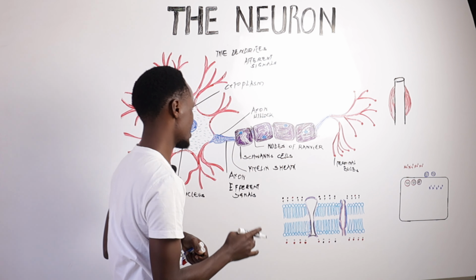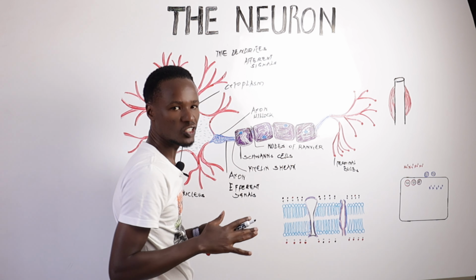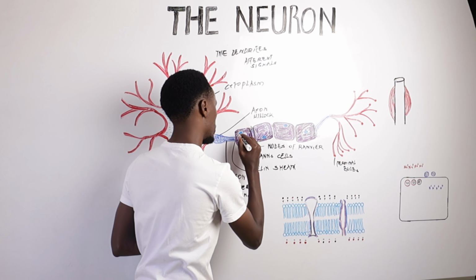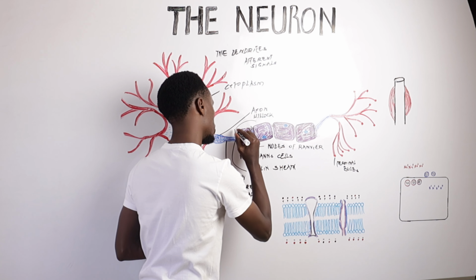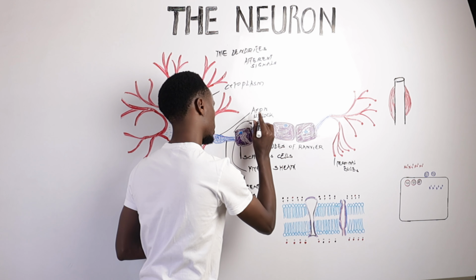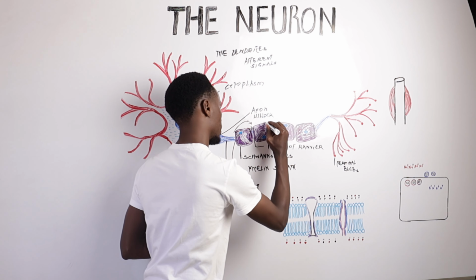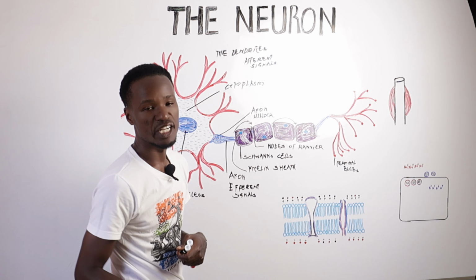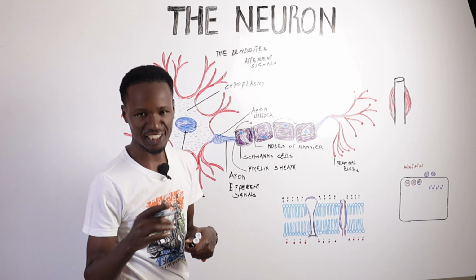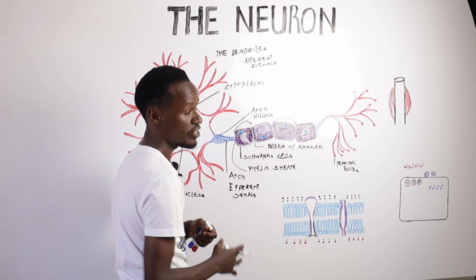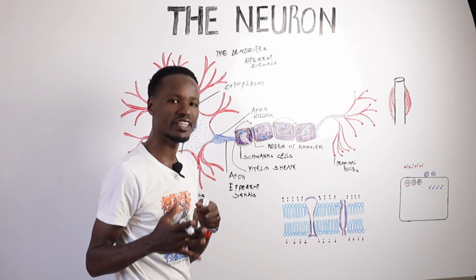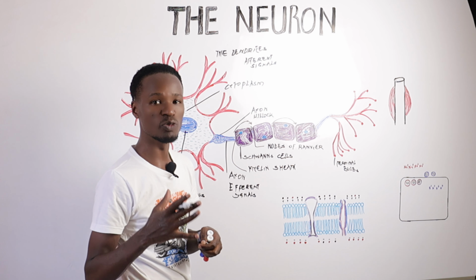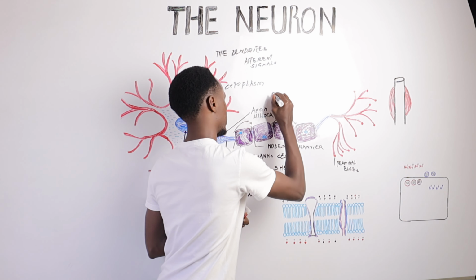What happens is that electrical signals can jump, or bounce, from one node to the other this way, in a process that we call saltatory transmission. The reason for that is because we want these electrical signals to move with speed.